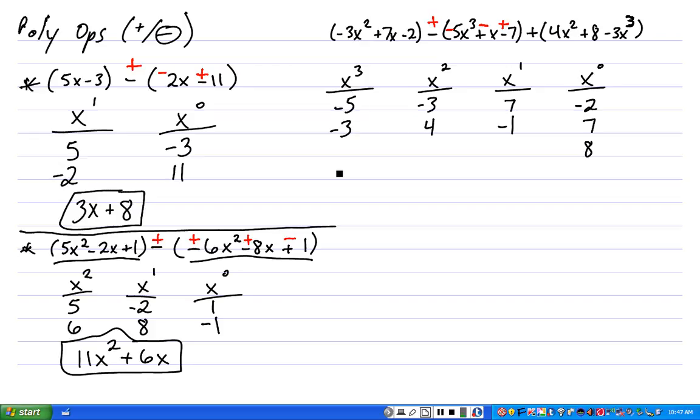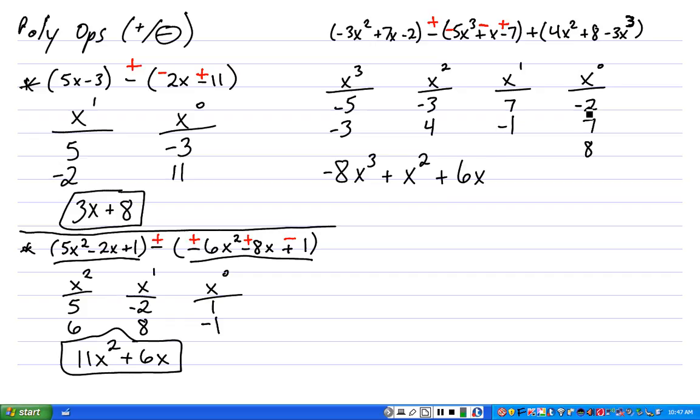Negative 5, negative 3, negative 8, and that's x to the third. Negative 3 plus 4 is a positive 1, and that's x squared. Remember, the 1 is understood. We do not write it. It's understood to be there, the positive 1. 7 minus 1 is a positive 6, and that's the x, or x to the first, which is just x.